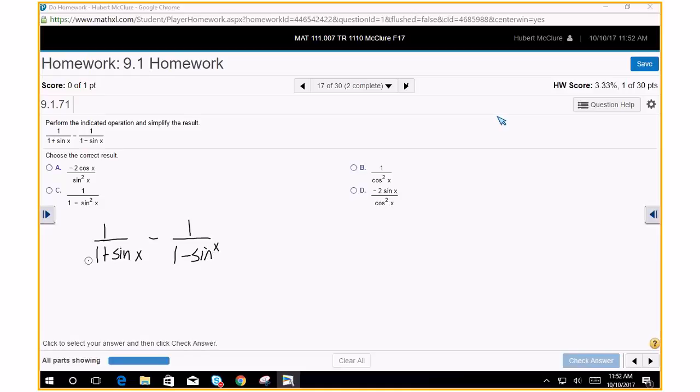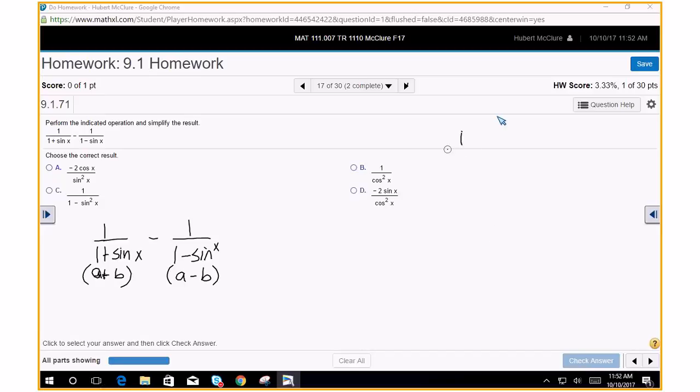Basically, this is a plus b, and this is a minus b. So the common denominator is a plus b, a minus b. You can use shortcut number 3, but I'm going to write it out.